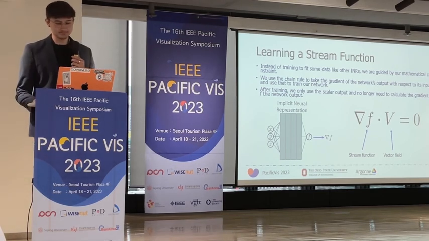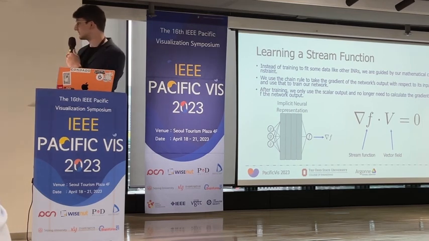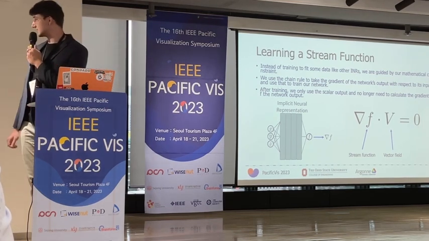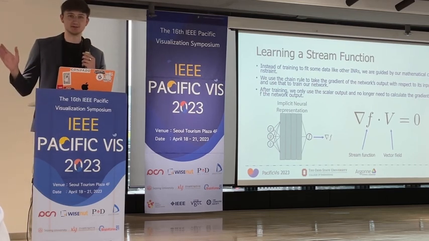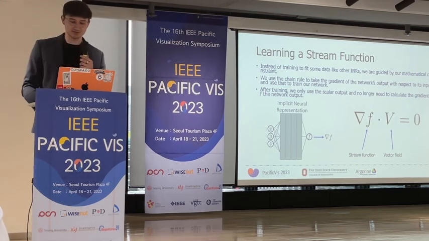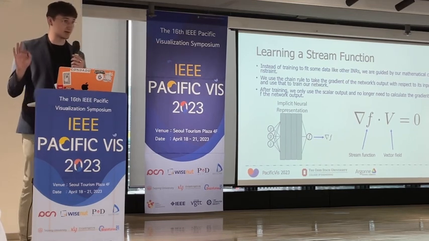And so now with this gradient through the network, we have both our stream function, gradient of f, as well as our vector field v, which fits into our governing equation on the right side rather nicely. So in our training phase, we only care about this gradient. We actually do not even look at the scalar output of our neural network.